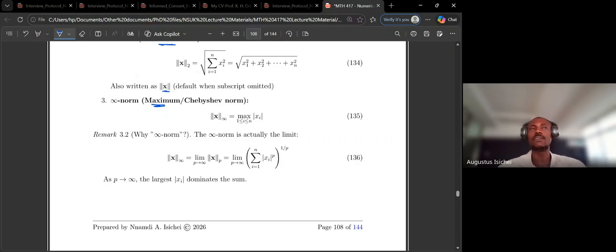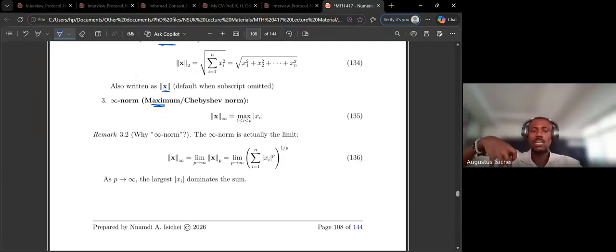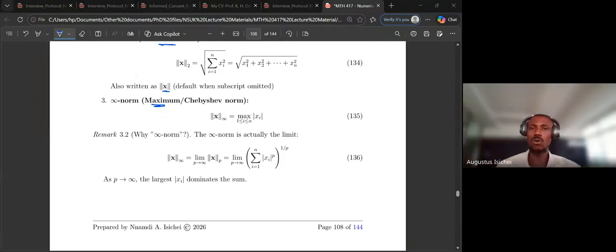So when you have different vectors in a space, if you're asked to use the maximum norm or the Chebyshev's norm, what is the vector with the maximum norm? That's the answer to the question. Just pick the vector with the maximum, that's all.